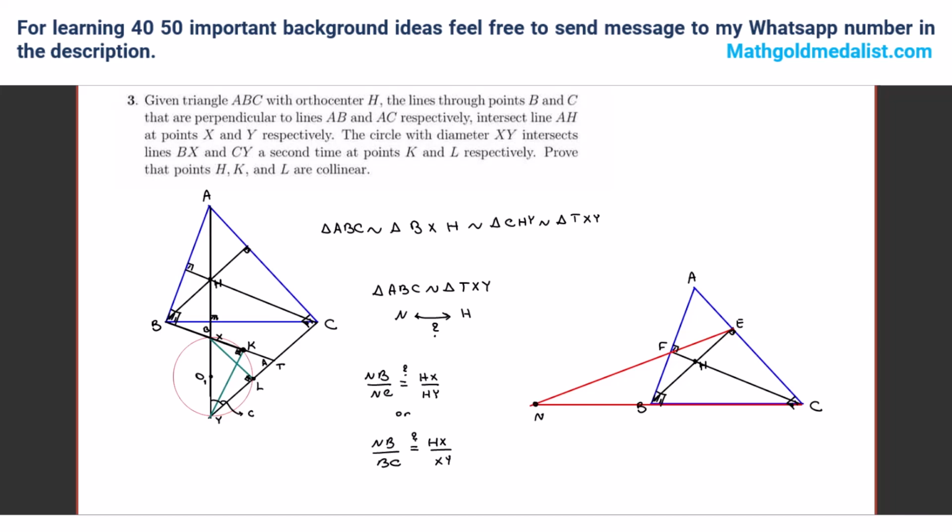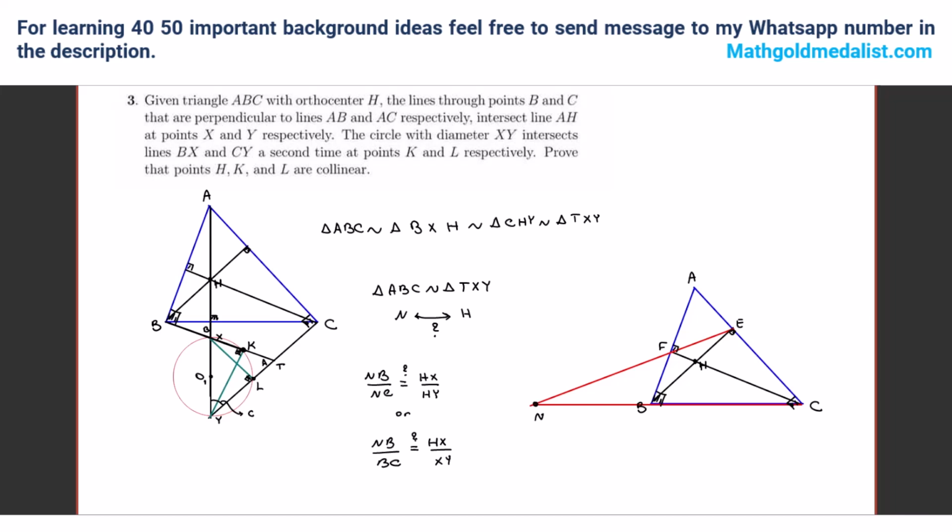So I said we should prove N should correspond to H, right? Then we said we should prove NB over NC is equal to HB over HY, or NB over BC is equal to HX over XY, right?